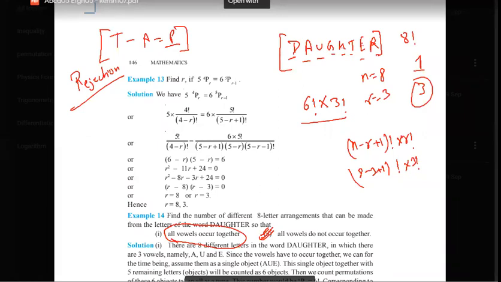The total number of ways in which the word daughter can be arranged is 8 factorial, yes or no? So this is the total number of ways. Yes or no?